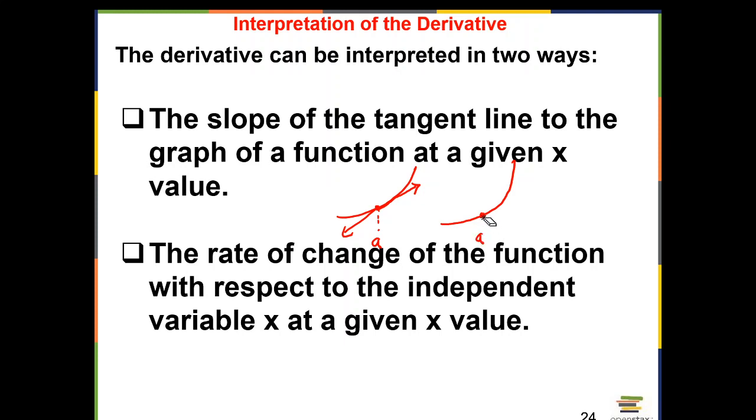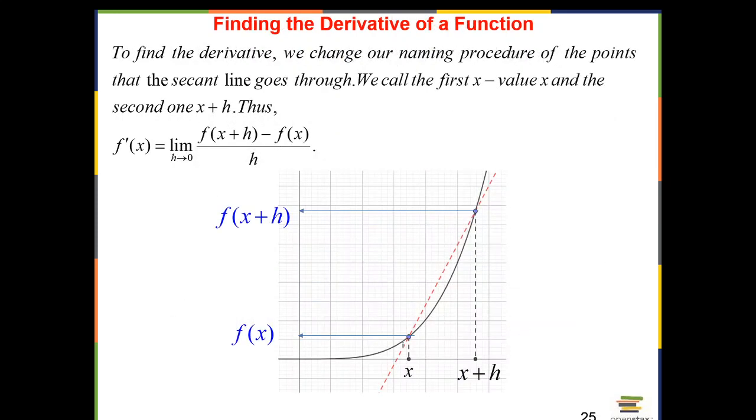What's the instantaneous rate of this function increasing at a? And that's another interpretation of the derivative of a function. Okay? And this process is called taking the derivative of a function, right?